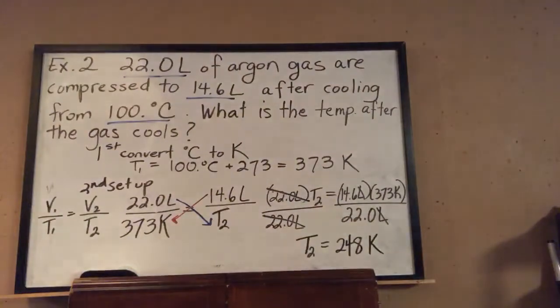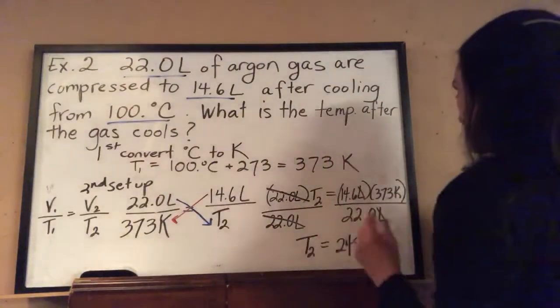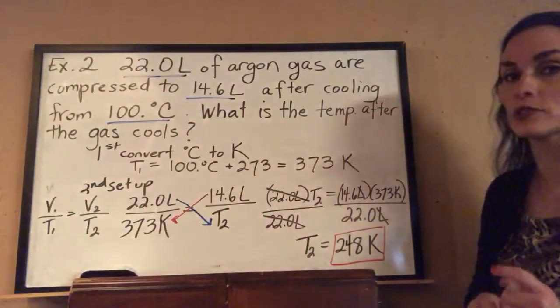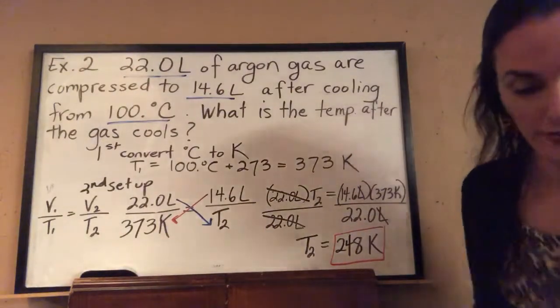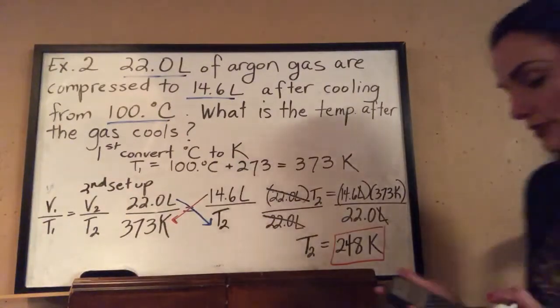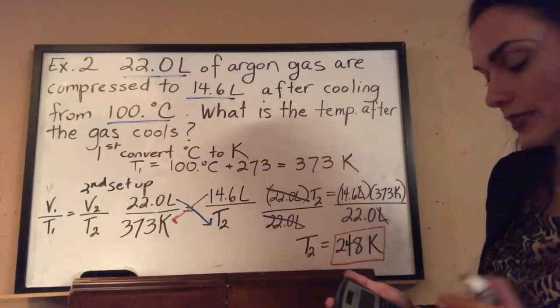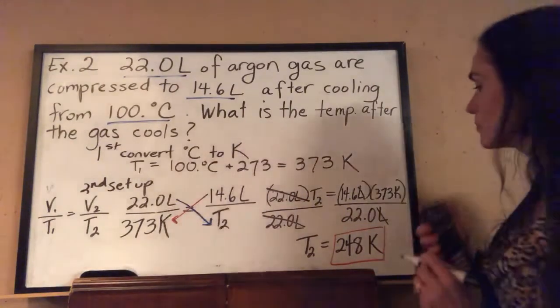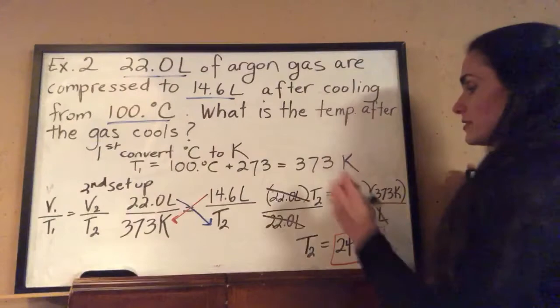Okay, now the question did not specify for the temperature to be in Kelvin or Celsius. It just said what is the temperature after the gas cools. So if we're not asked to have it in a specific unit, okay, 248 Kelvin. But if you were asked to put it into Celsius, then you would subtract 273. It would be equal to negative 25 Celsius.